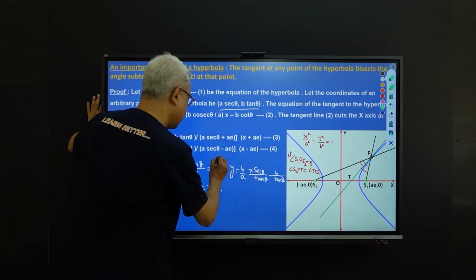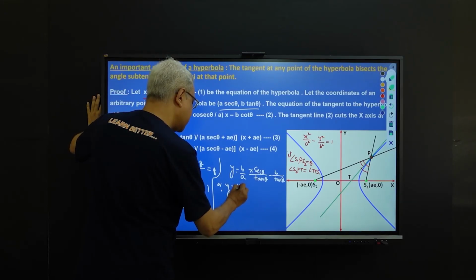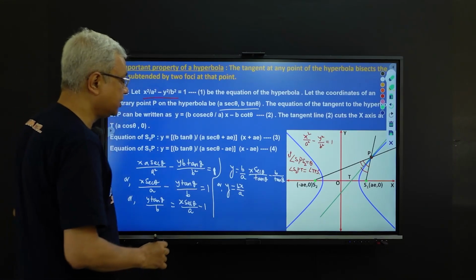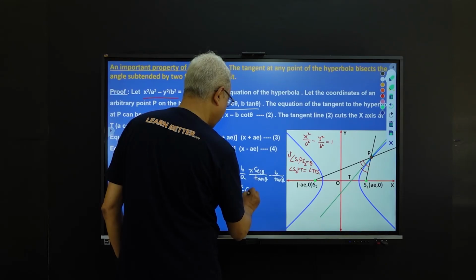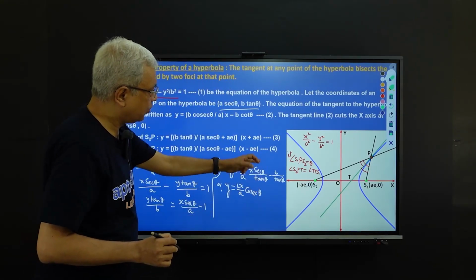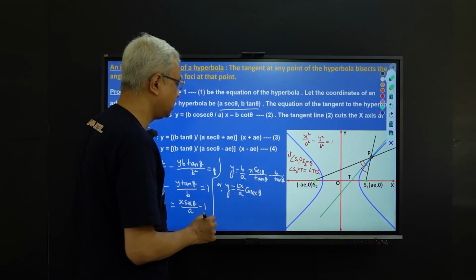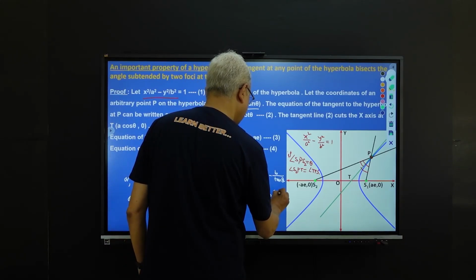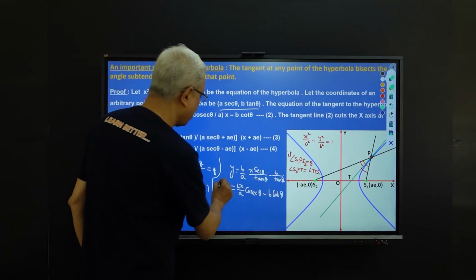Or I can write y equal to bx by a, sec theta by tan theta is actually cosec theta, sec theta by sin theta over cos theta, so sec theta and cos theta cancel. So 1 by sin theta becomes cosec theta, minus b cot theta. So y equal to bx by a cosec theta minus b cot theta.